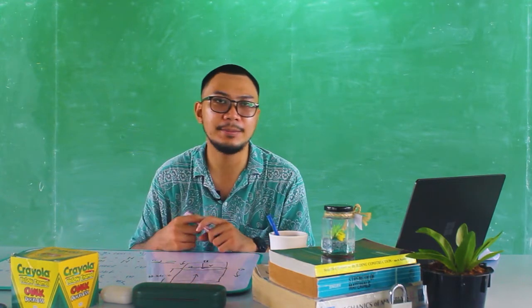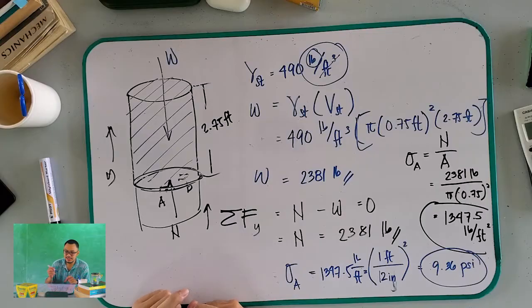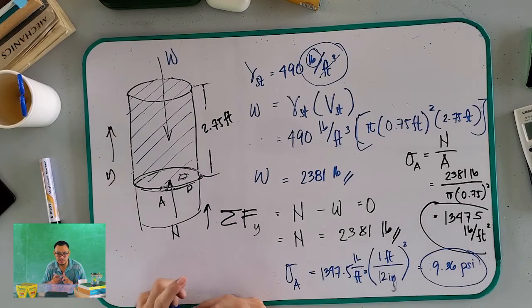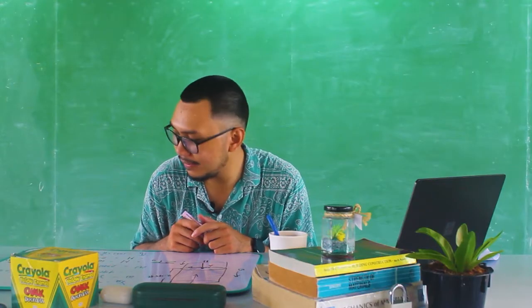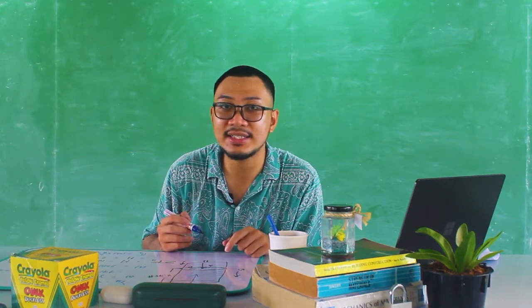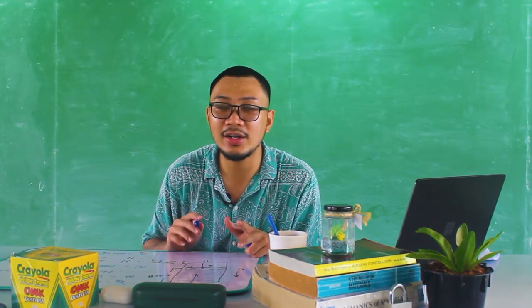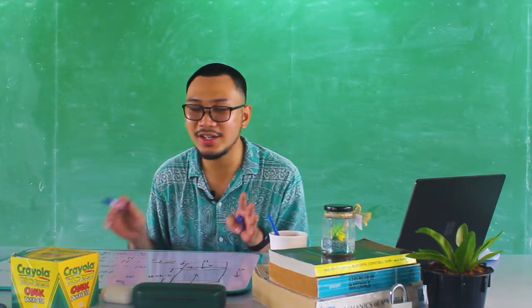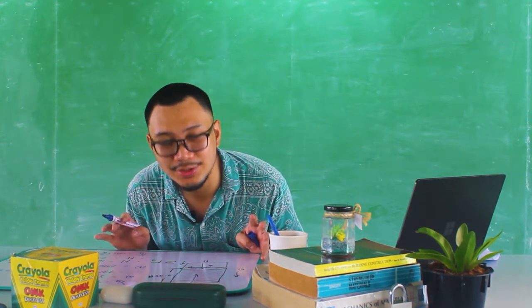How about sigma B? Sigma A and sigma B are actually on the same cross-section. So they are equal. They have the same stress because they are on the same section, because we are just talking about average normal stress.